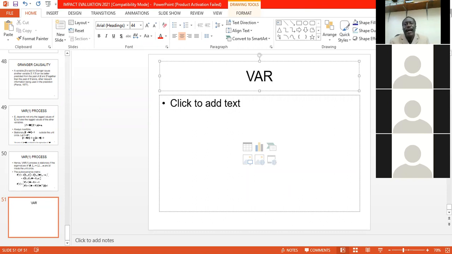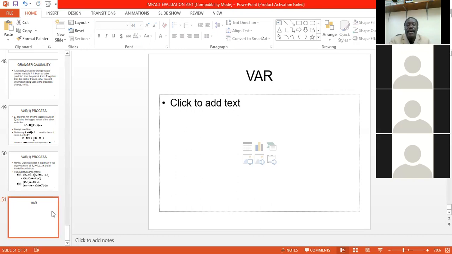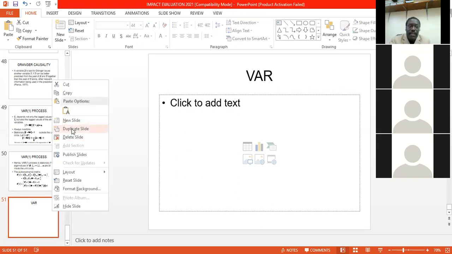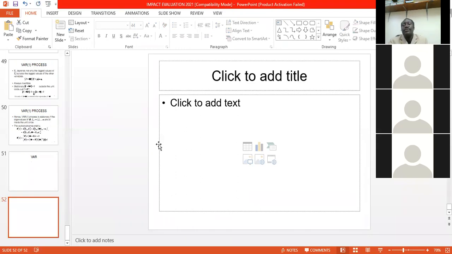This is the vector autoregressive. Before you go to Granger causality, you need to know all those kinds of things. These are normal mathematics that will assist you to examine the variables and the directions.